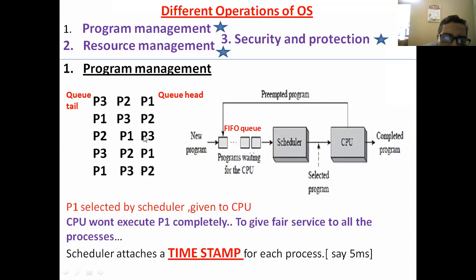After that, P3 is preempted and placed at the tail end of the queue, and now it is the turn for P1 again. Hence all the programs will be executed only for a 5 millisecond timestamp value, so the CPU can give its time to all the programs on a first in, first out basis.